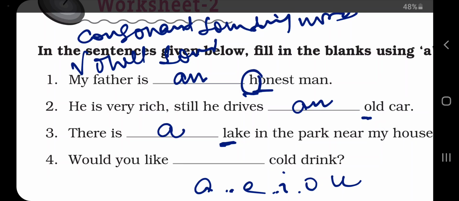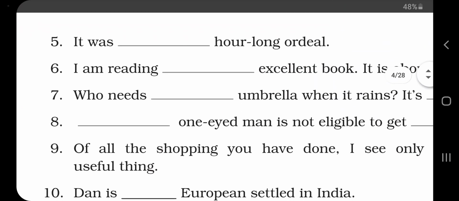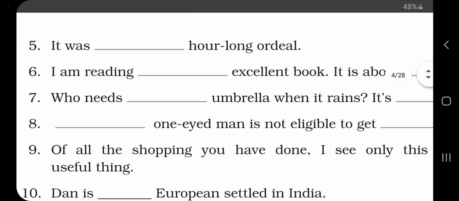Would you like the cold drink? Because we are talking about a specific drink, that is cold. Now let's move to the next part. It was an hour long ordeal. Again H is silent, so it is a vowel sounding word, so it is an hour long ordeal. Ordeal means punishment, not a good experience. I am reading an excellent book, E vowel sound.